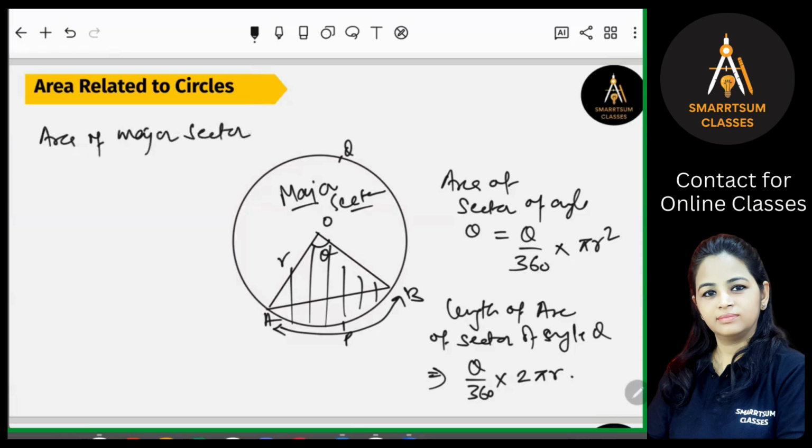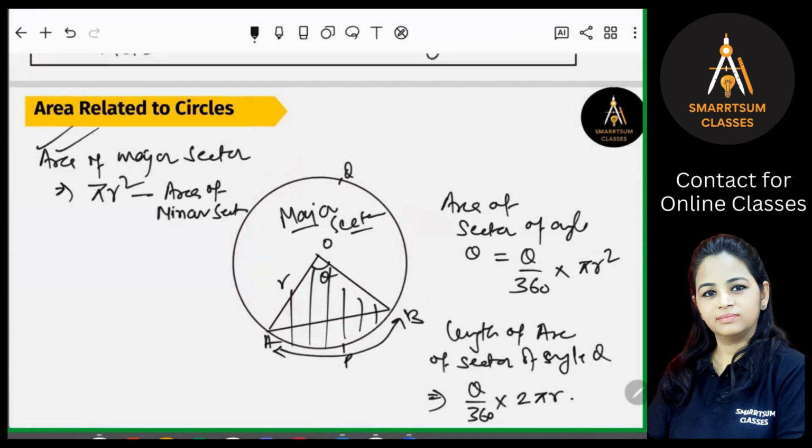The area of the major sector will be equal to the area of the total circle, and if you subtract the area of the minor sector from it, we will get the area of the major sector, right? So the area of the circle minus the area of the minor sector will give you the area of the major sector, right? So same thing we have done here.